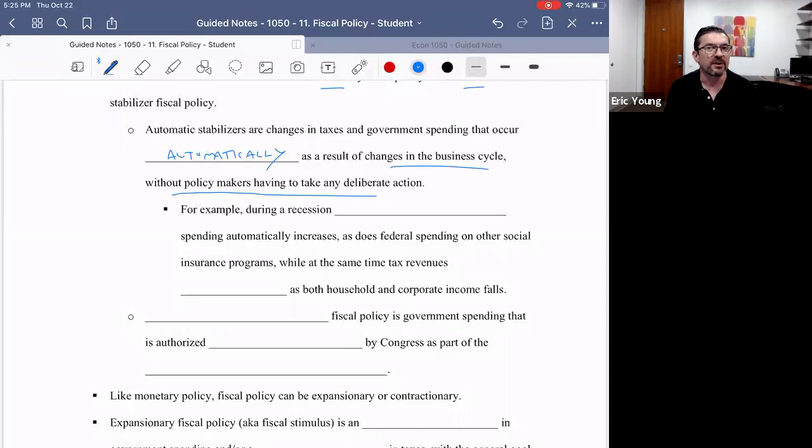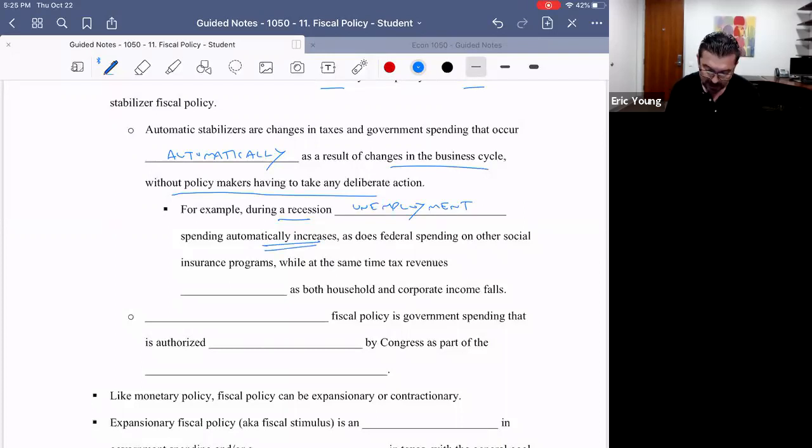So as an example of an automatic stabilizer, suppose the economy has a recession. Well, during a recession, as you know from the business cycle, there's going to be more unemployment. In our country right now, during a recession, the spending on unemployment benefits that out-of-work people can apply for and get is going to increase automatically.